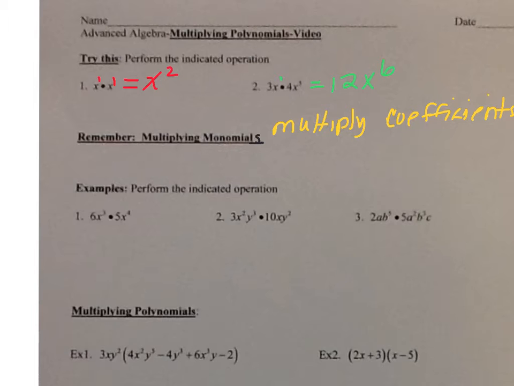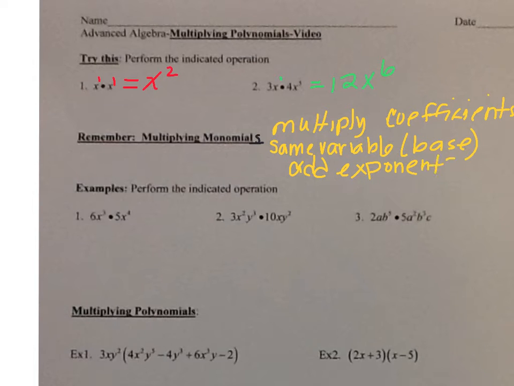And then when you have the same variable, which is also called the base, add the exponents. You do not need to have like terms in order to multiply. That's adding. Okay, so let's take a look at the next 3 problems, which is just multiplying.